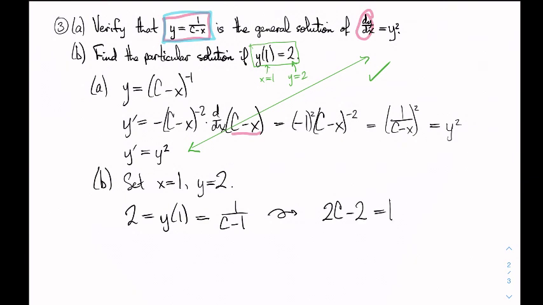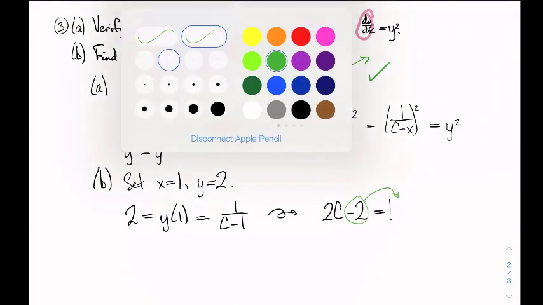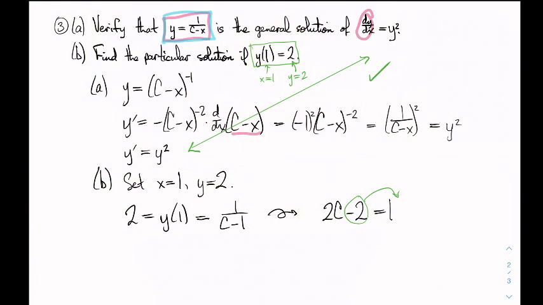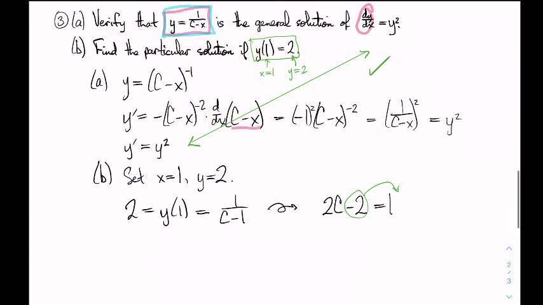Then I can hop the 2 over to the other side by adding 2, so I'll get 3, and so 2c is equal to 3, and then c equals 3 halves. That tells me that my particular solution is going to be y equals 1 over 3 halves minus x in the denominator.